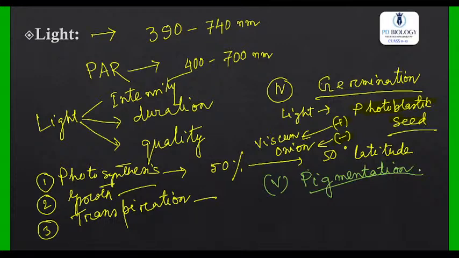In pigmentation, animals develop dark color in dim light and light color in bright light.